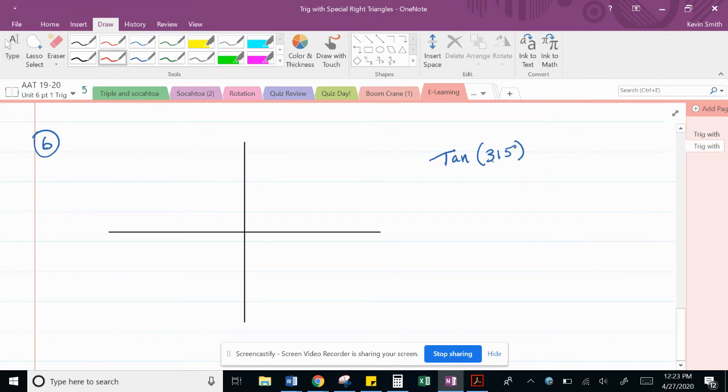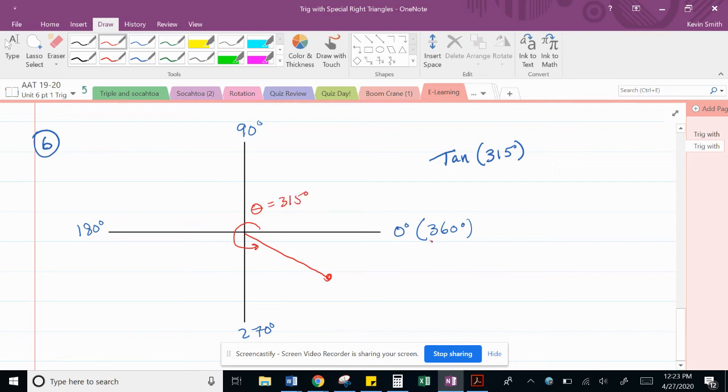We'll try a tangent of 315. Let me just label my sides. 0, 90 degrees, 180 degrees, 270. Again, this is also 360. So if I'm looking at 315, we're all the way around in the fourth quadrant. Right here, this would be about a 315 angle.